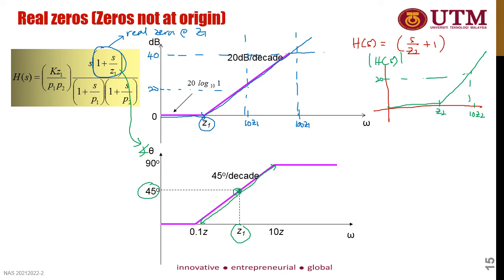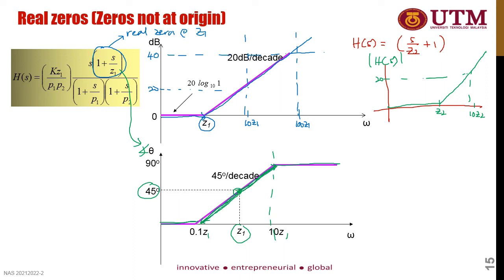For example, you have Z1 here, so it must be 45 degrees here. The previous decade is 0.1 Z1, the next decade is 10 Z1. So from here you extend 45 degrees up to the next decade and extend downwards 45 degrees to the previous decade, and the rest will be 0. So this is the phase response for a zero at Z1.